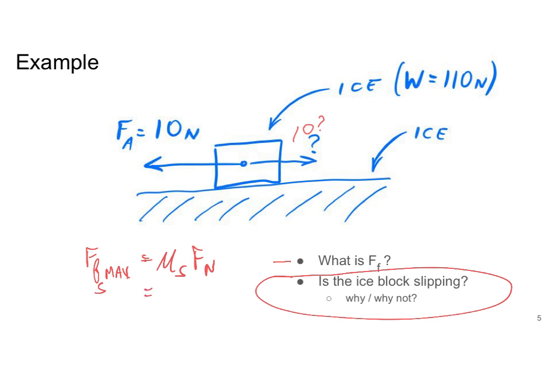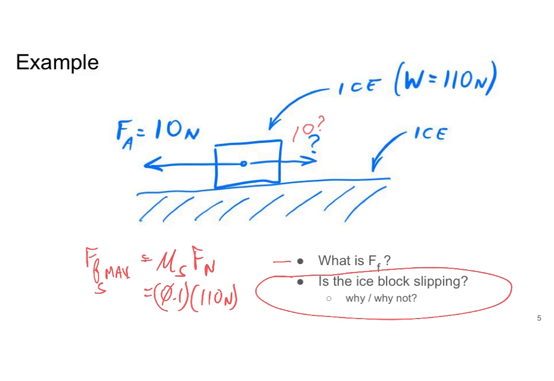Mu sub s, we remember just from the last slide, is 0.1, because it's ice on ice. And then F sub n is, we can just eyeball that. We see that the weight of the ice is 110 newtons, so F sub n is 110 newtons.